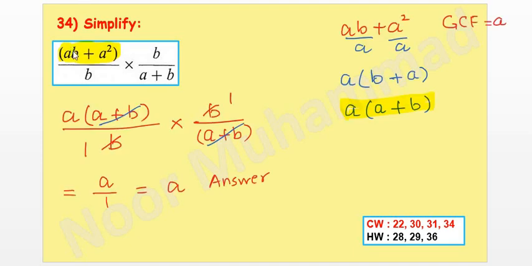Only this numerator, the one that is highlighted yellow, can be factorized using the GCF method. A is the GCF, so pull out GCF A, and B plus A will be left inside the bracket. Now B plus A is the same as A plus B because both of them are positive. It doesn't matter, if I have 2 plus 5, I can write it as 5 plus 2. There will be no difference.